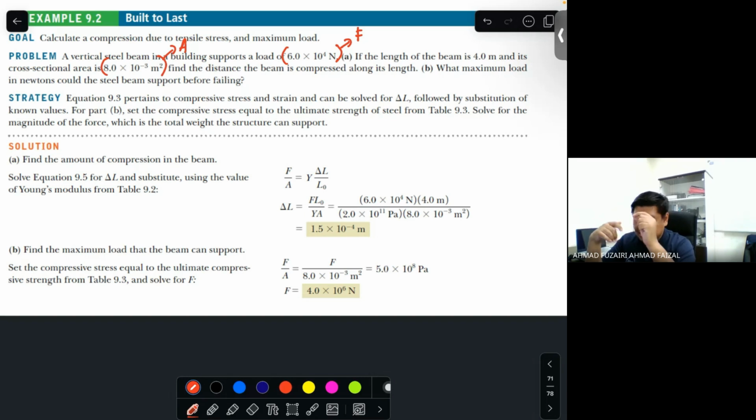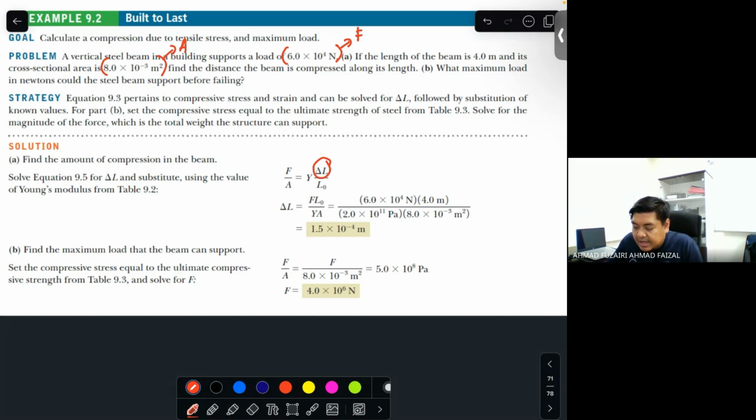When you put the values together, we want to find delta L, so we rearrange the equation so that F over A is multiplied by the Young modulus. Because it is a steel beam, always refer to the list I've given in the table. What is the Young modulus for steel?